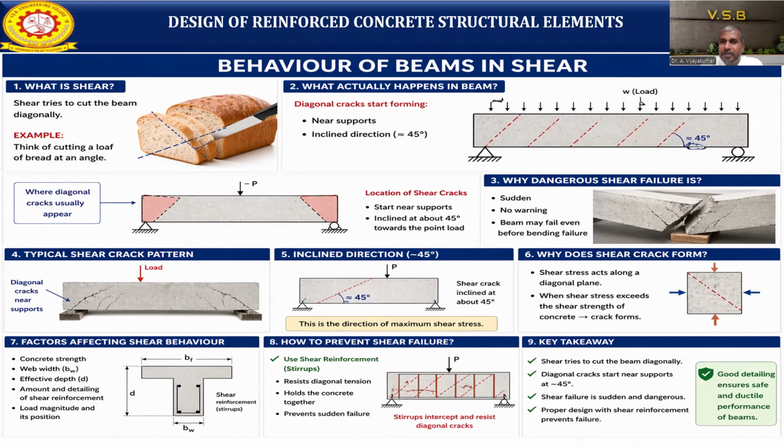Shear failure will be sudden and dangerous; it is called a brittle failure. So we need proper design with shear reinforcement to prevent shear failure. With good detailing we ensure the safety and ductile performance of the beam and can prevent shear failure.